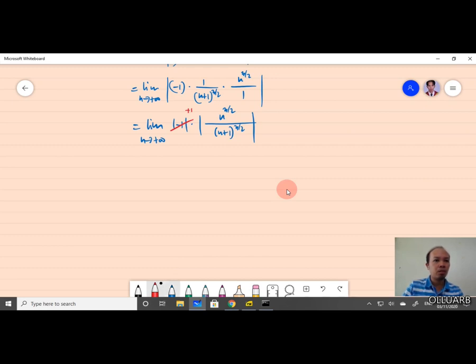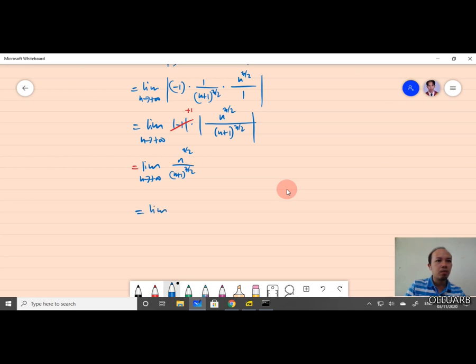So what will happen here, we have the limit of n over n plus 1 to the 3 halves as n approaches positive infinity.